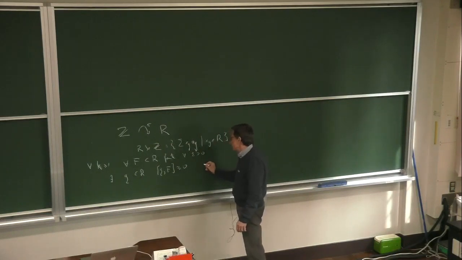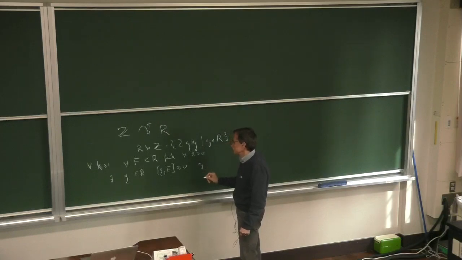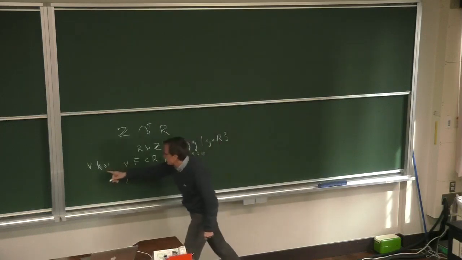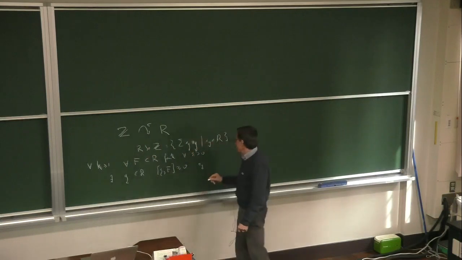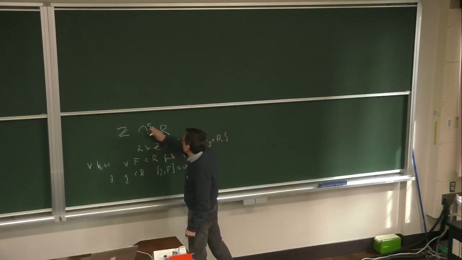It's always relative to the size of Q, and it satisfies the following. Actually, this is Z, so this is just one automorphism, so let's call it theta this time.